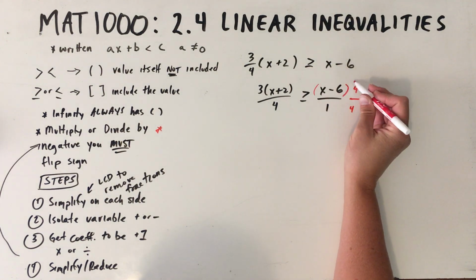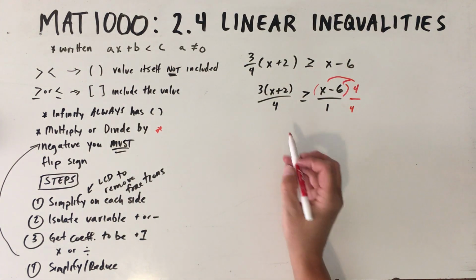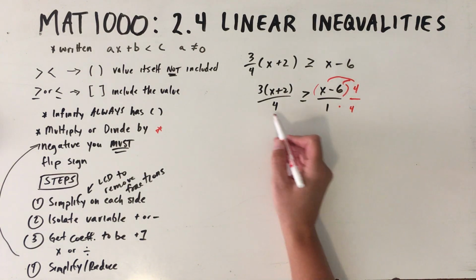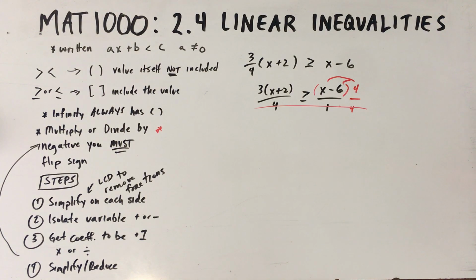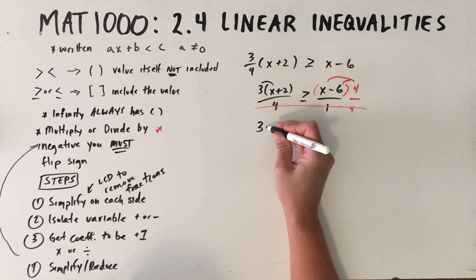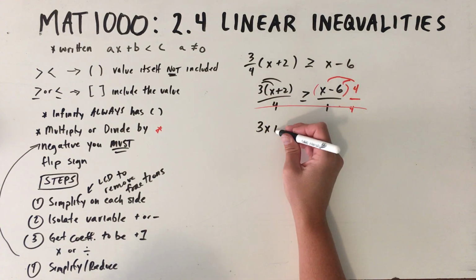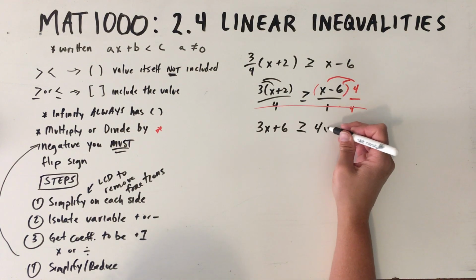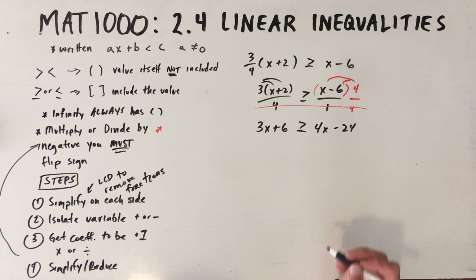Remember that this 4, though, belongs to both of these. When I multiply this 1 by this 4, the bottoms will both be 4, and I can just get rid of the bottom. Okay, so what's left here on top is this 3x plus 6, and over here we're going to get a 4x minus 24.